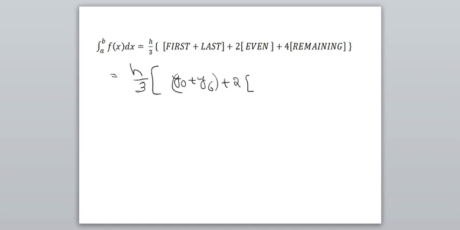So the formula will be y2 plus y4, and 4 times all the remaining values. The remaining values are going to be y1, y3 and y5.